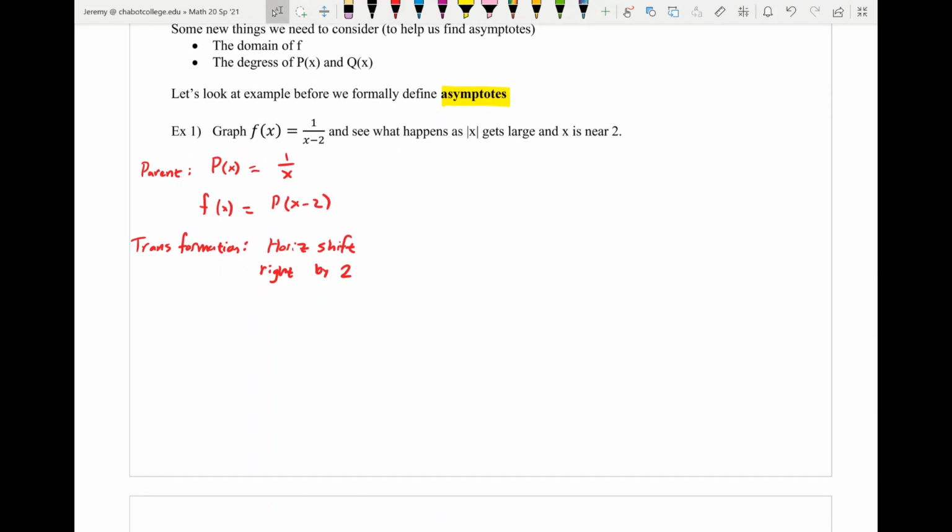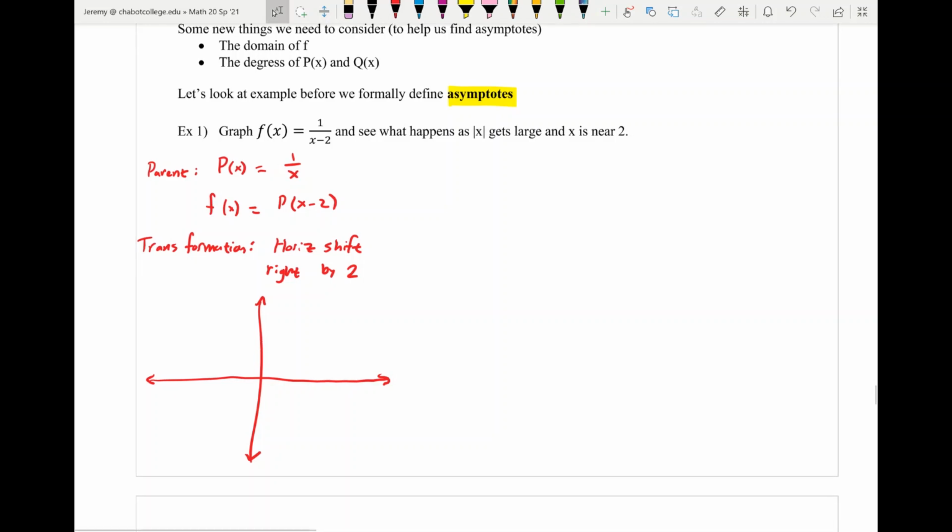So quickly, I want to give you what the parent function looks like. So the parent function p of x, and you might remember this one, and I'm going to make a little table of values off to the side here. So x, and then the parent function p of x.